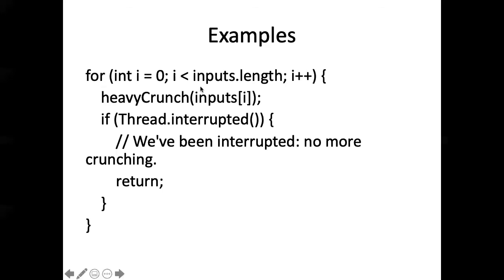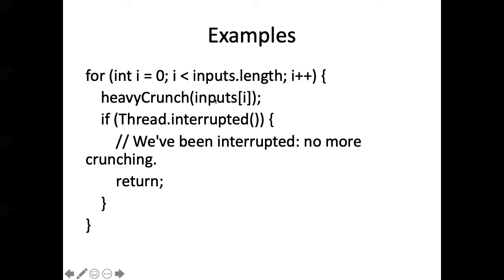Here's one where I am doing some heavy computation. I'm going to iterate again through an array, and call this heavy crunch computation on each element of the array. I'm going to assume it takes a long time.